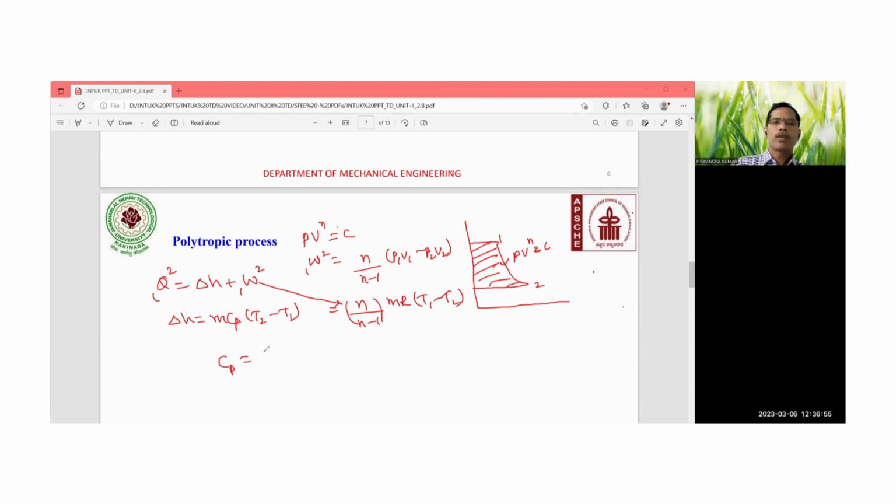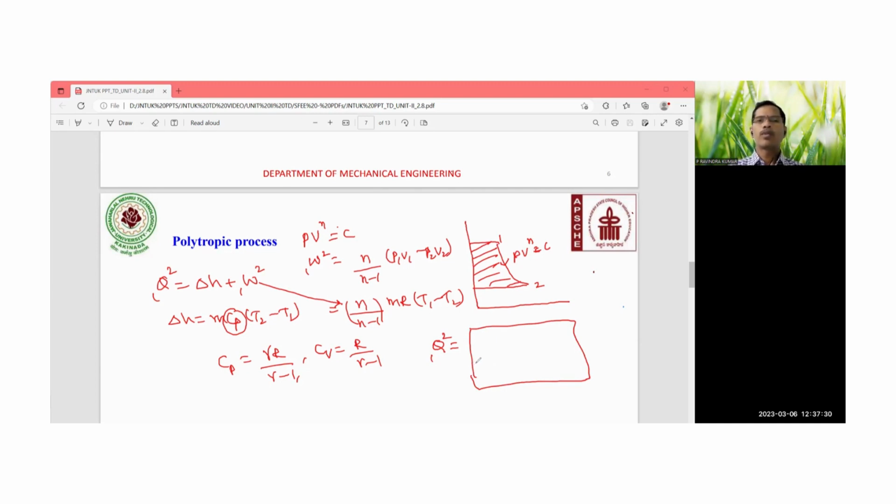Cp is equal to gamma R by gamma minus 1, and Cv is equal to R by gamma minus 1. Either of them you can select, and finally you can get the expression for the open system. So try to derive the expression for Q1-2 using that. This is left to you.